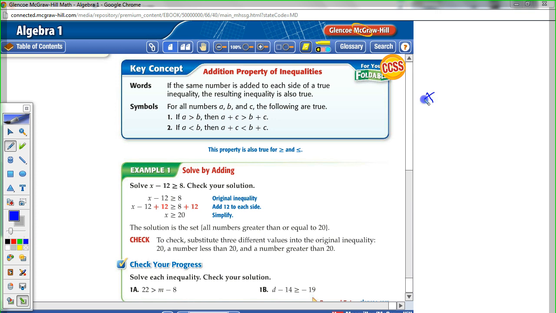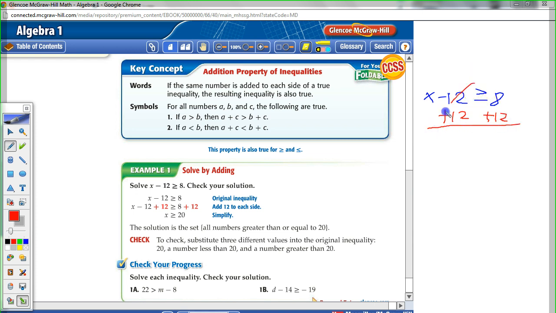So you have x minus 12 is greater or equal to 8. If this was an equal sign, you would just be adding 12 to each side, and that's exactly what we're going to do. We'll add 12 to each side.